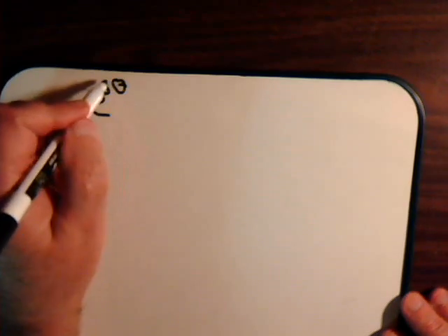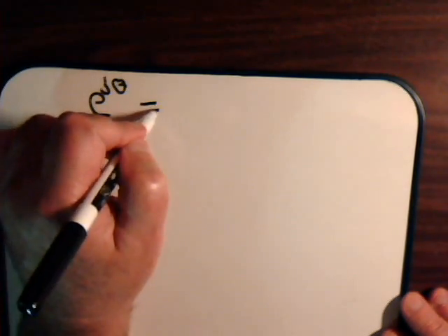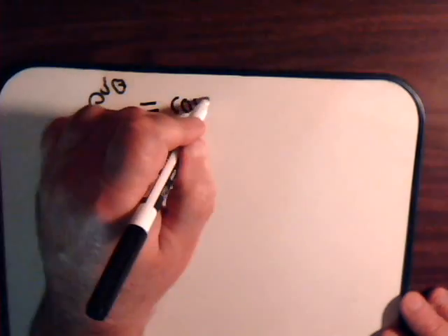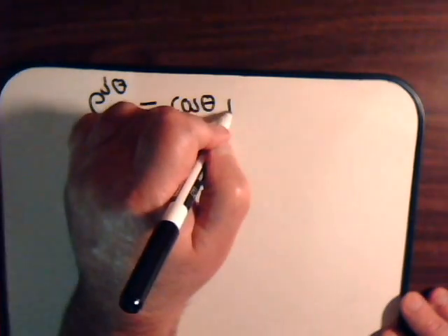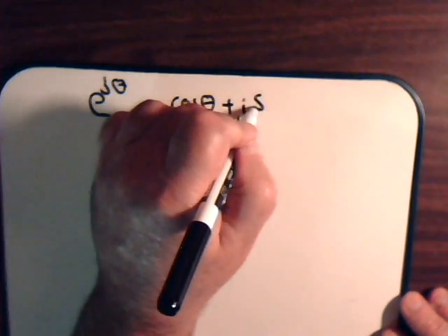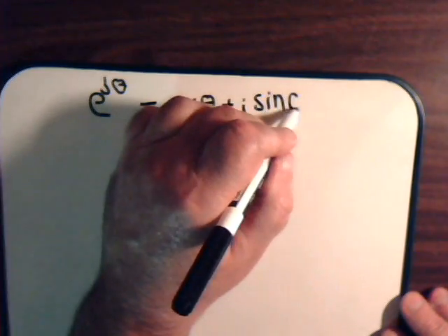Now remember, I think back in video 73 it was, that we talked about Euler's representation, that e to the j theta equals the cosine of theta plus j times the sine of theta.